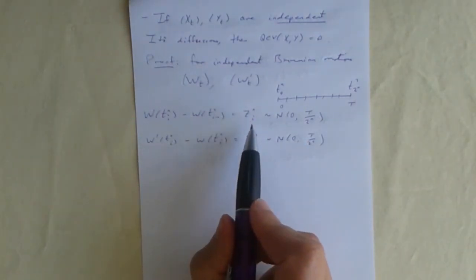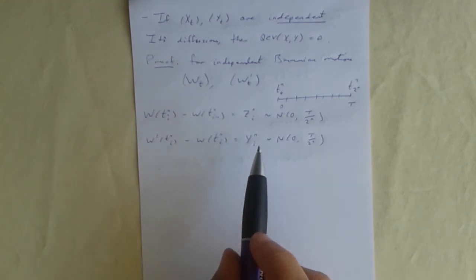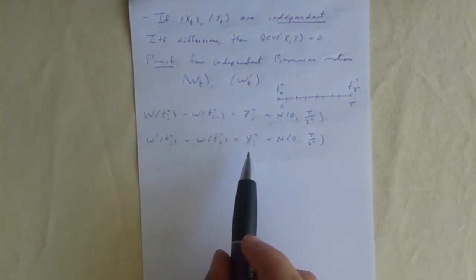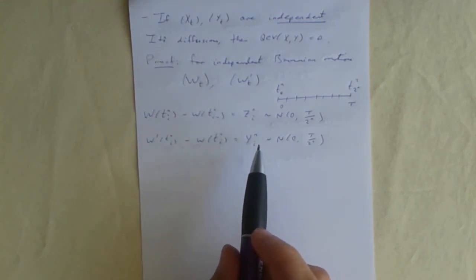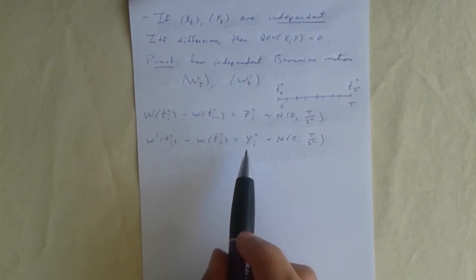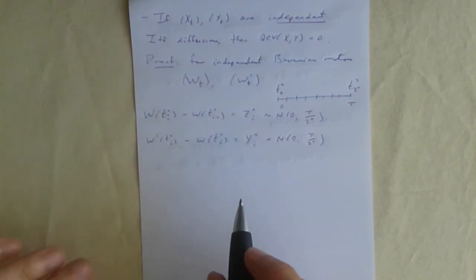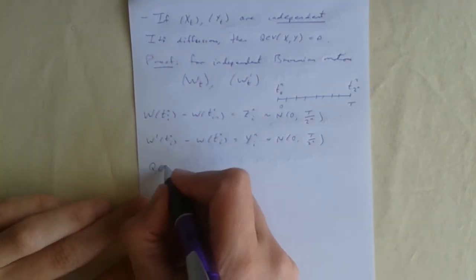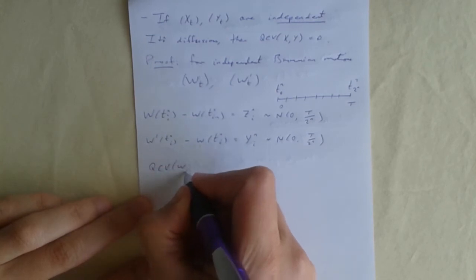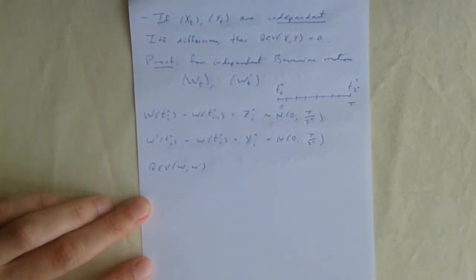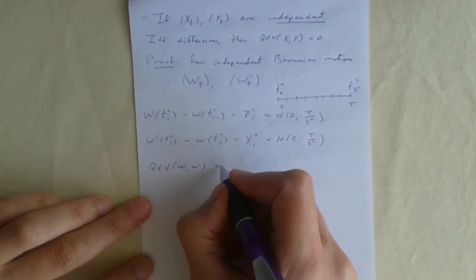So we've got all these Z's, these are all independent random variables, and these Y's, these are also all independent random variables, and they're independent of each other as well. There's independence between the Z's and the Y's, and that was the crucial thing we assumed at the start. So then what does that tell us about the quadratic covariation of W and W prime?